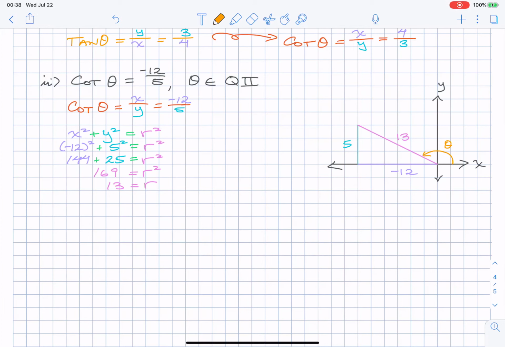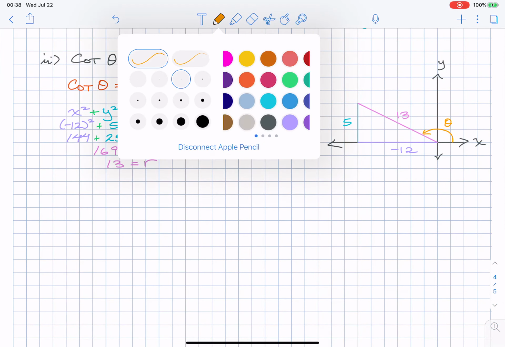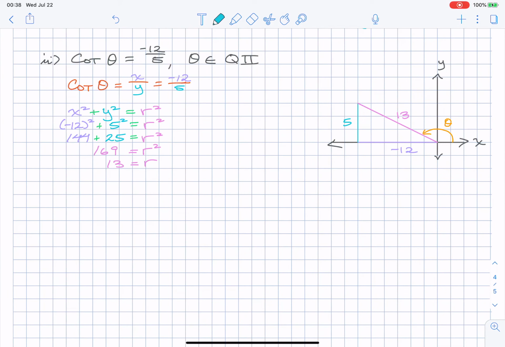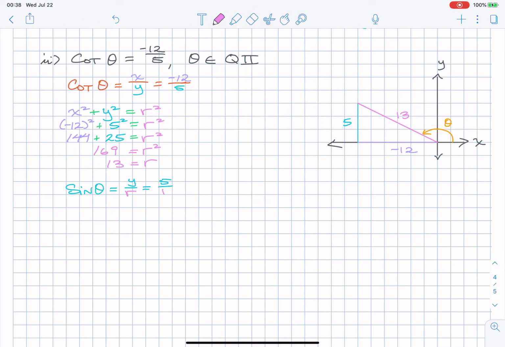Okay, so let's evaluate the 6 trigonometric functions of theta. Let's start with sine. So sine of theta is going to be y over r, and y we found to be 5, and we just figured the radius was 13.